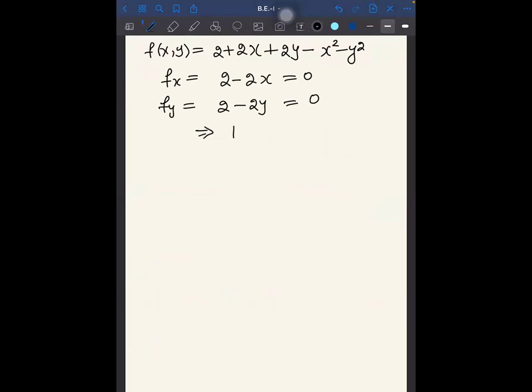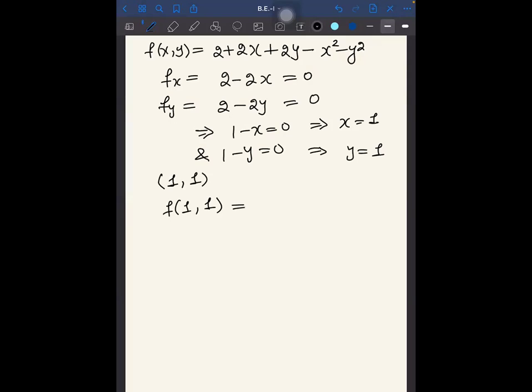That is, 1 - x = 0 and 1 - y = 0, which implies x = 1 and y = 1. So our critical point is (1, 1). Directly we'll be finding the value at (1, 1), so you put that point over here.